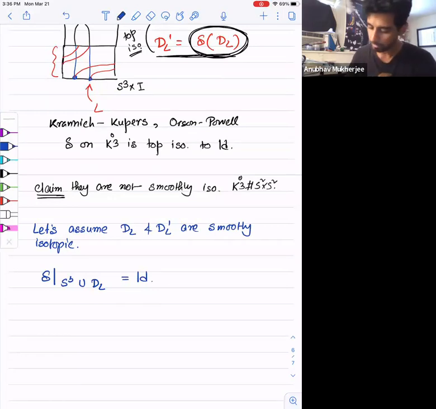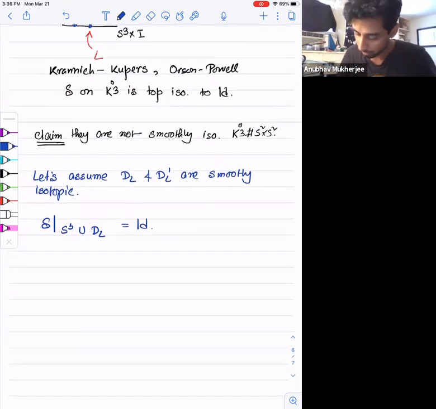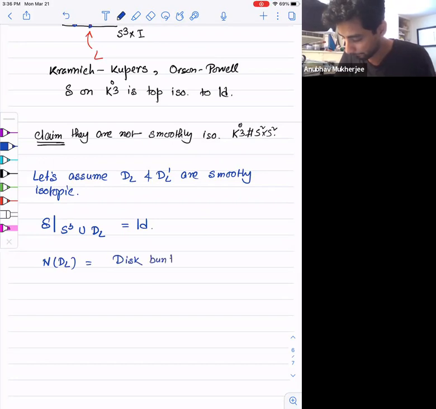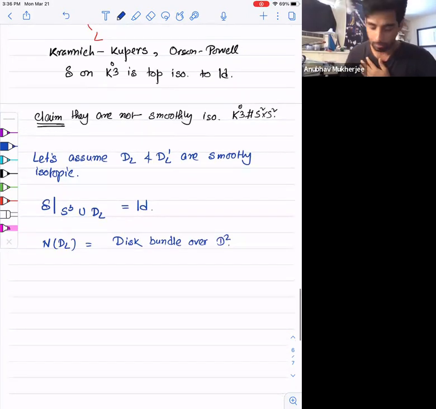Okay, so now let's focus on each component of this disk. A neighborhood of the disk is nothing but a disk bundle over D2. And we can also assume that, up to isotopy, in a neighborhood of this disk, the Dehn twist diffeomorphism is actually a bundle map.